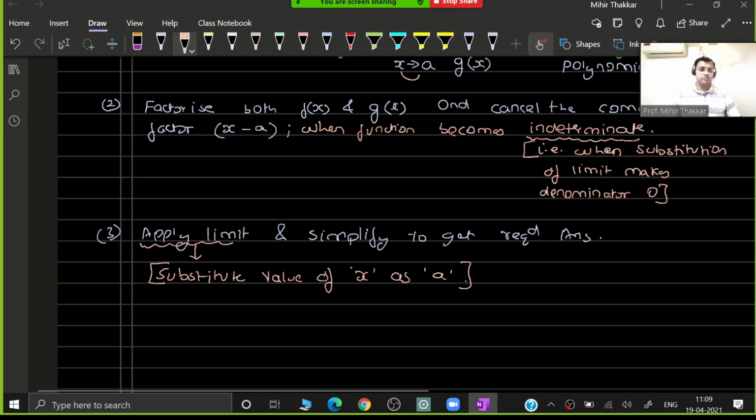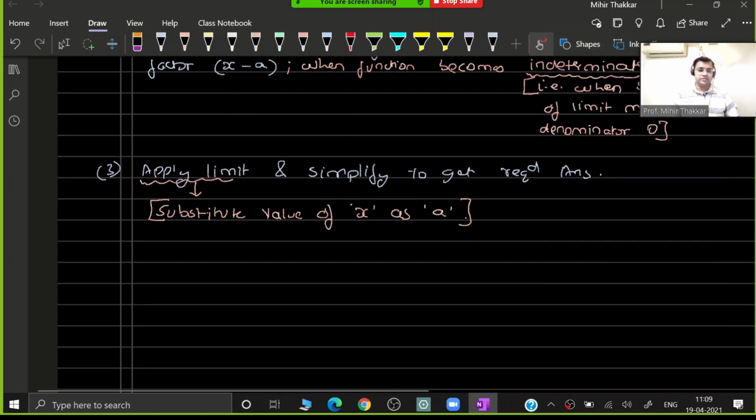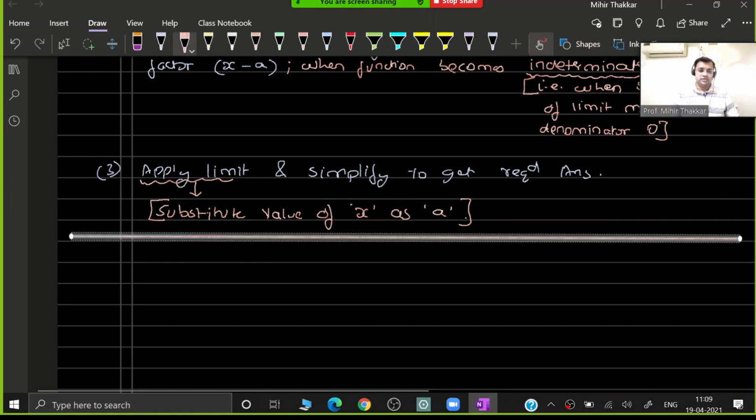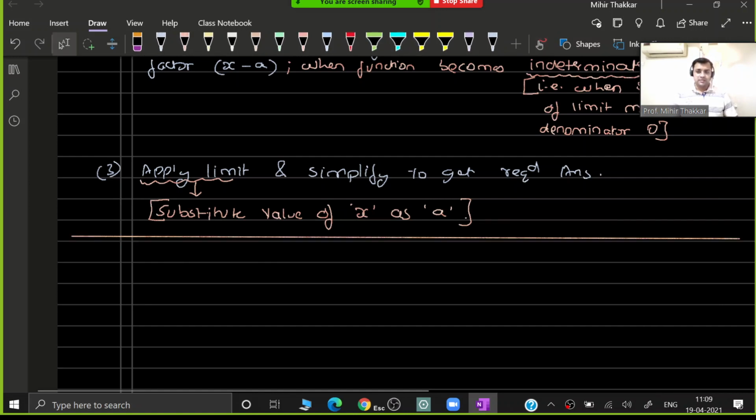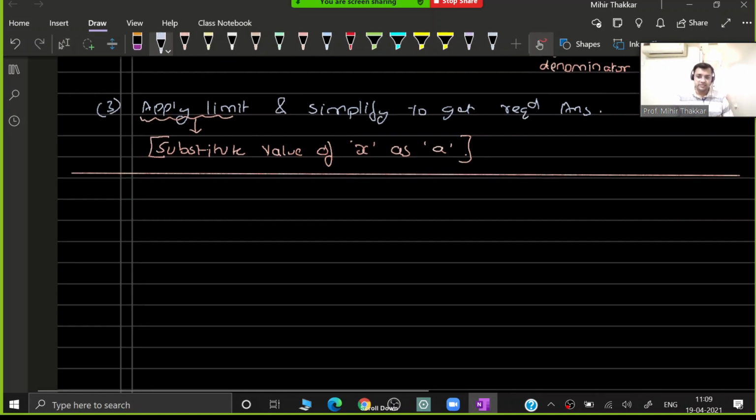So let me take a small example for you guys so that you understand what exactly we are trying to tell in the above steps. Suppose if I come across a question which is like this: limit as x tends to 2, x square minus 5 divided by x. So guys, it's a very easy question.